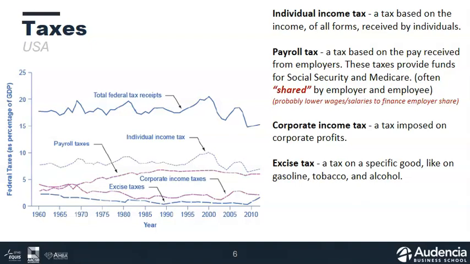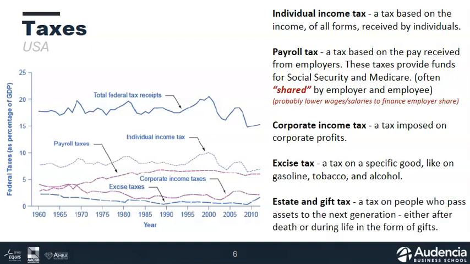And lastly, we can have estate and gift taxes. Estate taxes and gift taxes are taxes that we pass on the assets of individuals when they move from one generation to the next. So if you were to inherit money from somebody, then that would be taxed. Now, estate taxes vary from country to country.